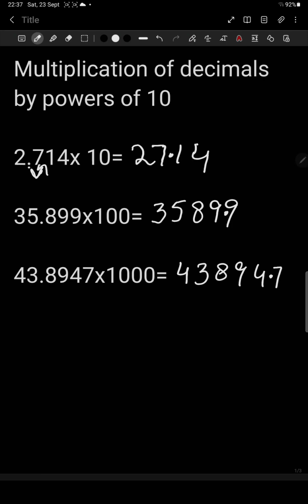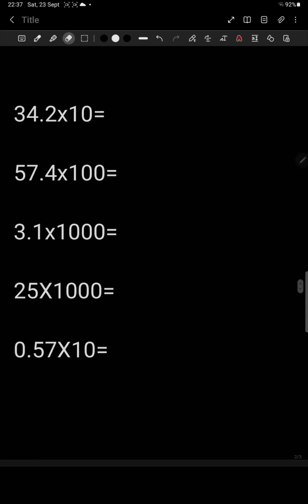Let's see another example in which we handle different types of numbers. For instance, the number over here is 34.2. We are multiplying it by 10. When we multiply by 10, the number remains the same, 342. When we move the decimal one place to the right, it will come over here.